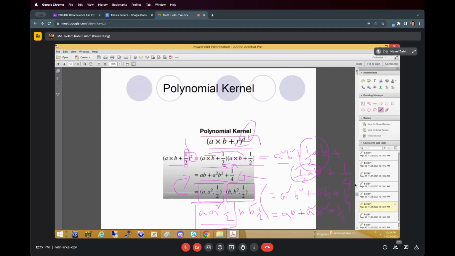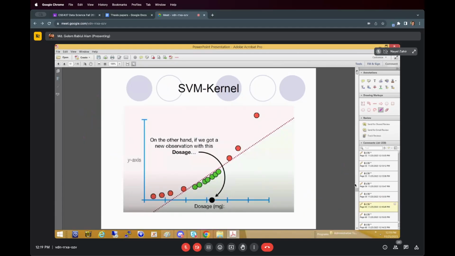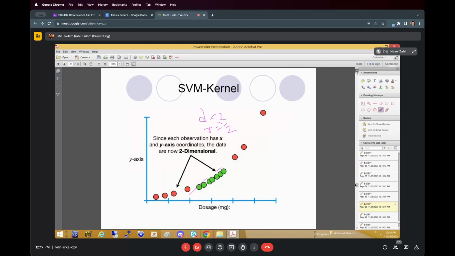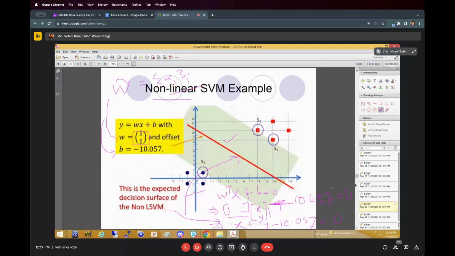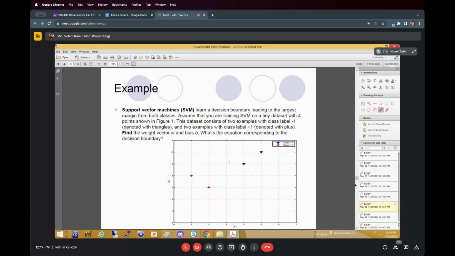You need to define the kernel tricks by yourself, and after that you have to apply our linear SVM to solve the problem.